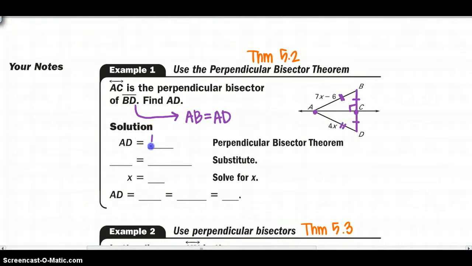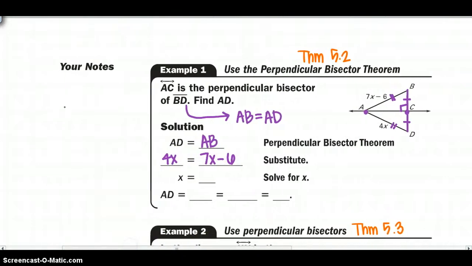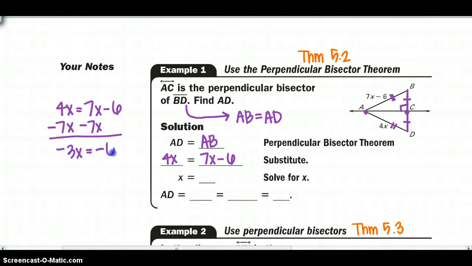Now I can set up my equation to start solving for x. AD equals 4x, AB equals 7x minus 6. So I subtract 7x over to solve this equation algebraically: negative 3x equals negative 6.